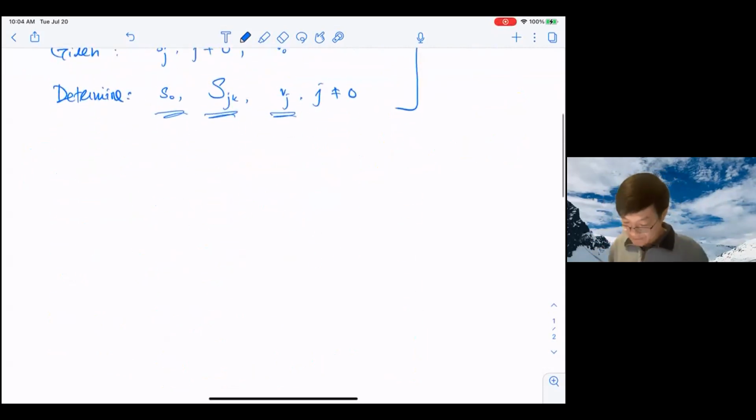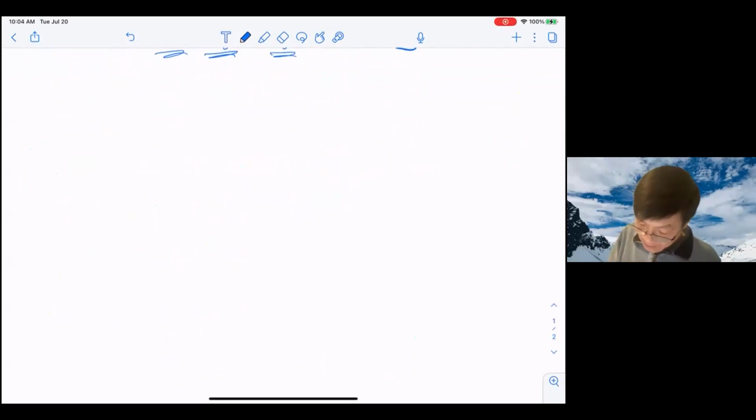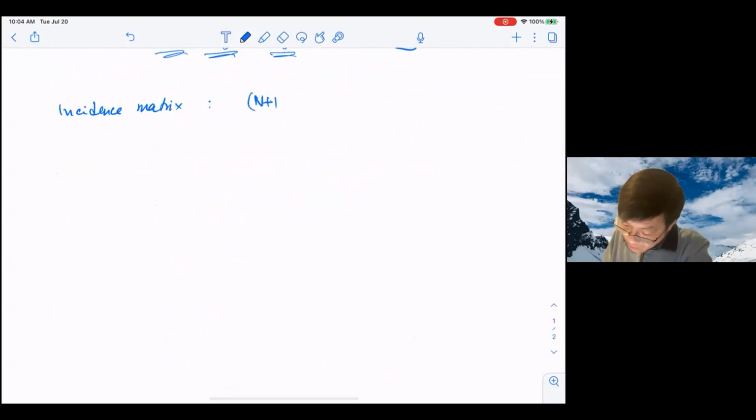The incidence matrix is m plus 1, the number of nodes, times m, the number of lines. But because it's a single phase and a tree, this is n, capital N, the number of lines.